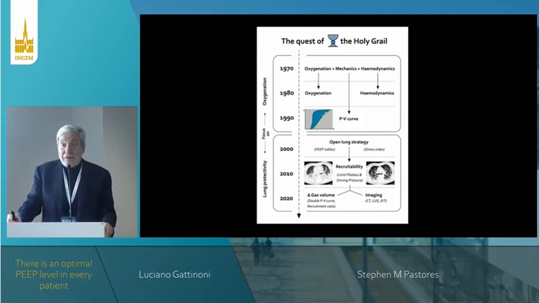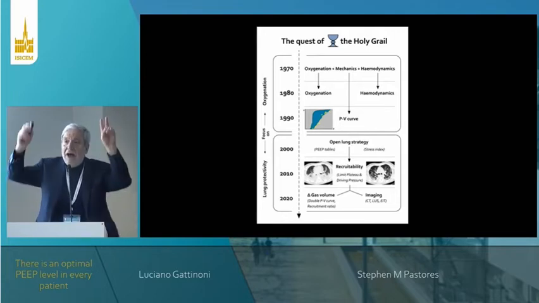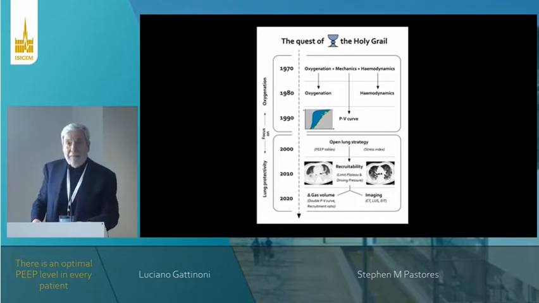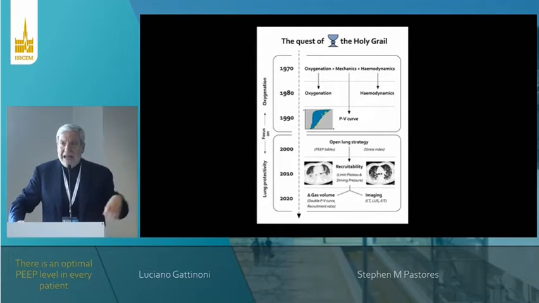After that, we have a series of attempts at setting the optimal PEEP. In the 80s, in Miami and in France, you had to reach 15% of shunt. Who cares about the rest?